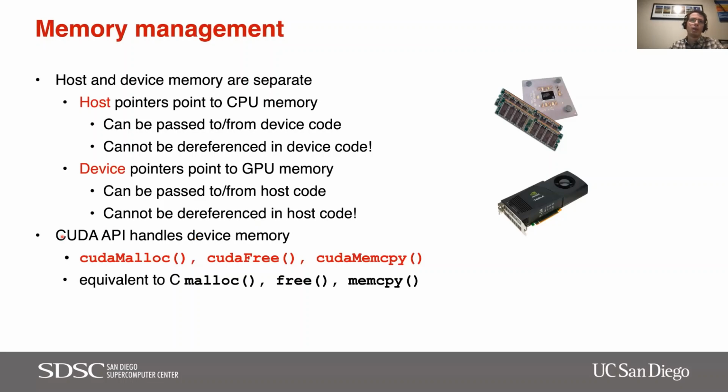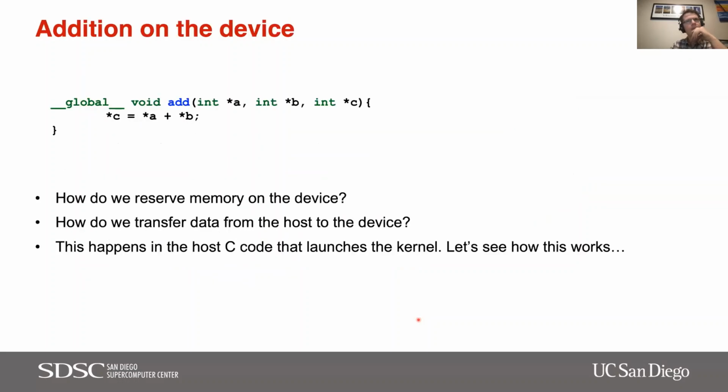And then we use the CUDA API to handle device memory. So we can allocate memory, cudaMalloc, that's equivalent to malloc on the CPU, cudaFree, and cudaMemcpy that handles the transfer of data from the CPU to the GPU and back. You've seen that already in the SI22 example. And then that's the equivalence to the corresponding C functions.